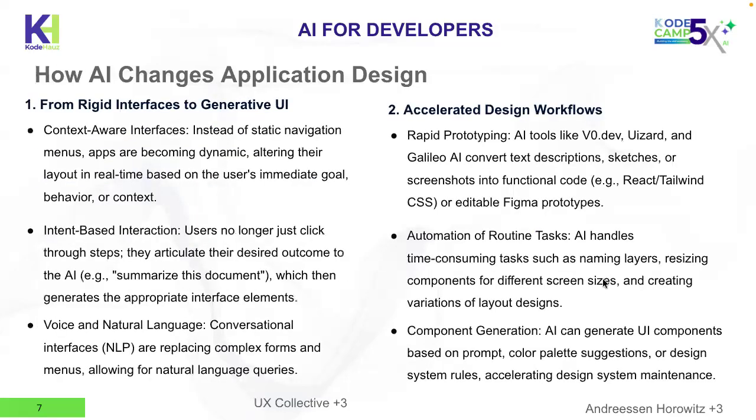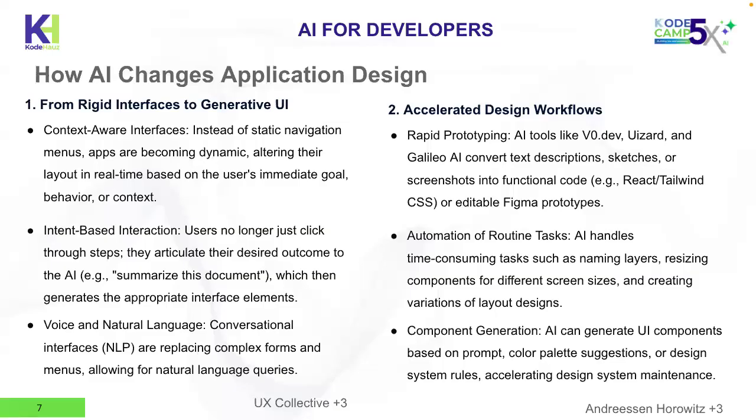So when we talk about the first one, from rigid interfaces to generative UI, you now have context-aware interfaces. Instead of a static navigation menu, the apps are now more dynamic, right? Apps can alter layout in real time based on the user's immediate goal, behavior, or context.